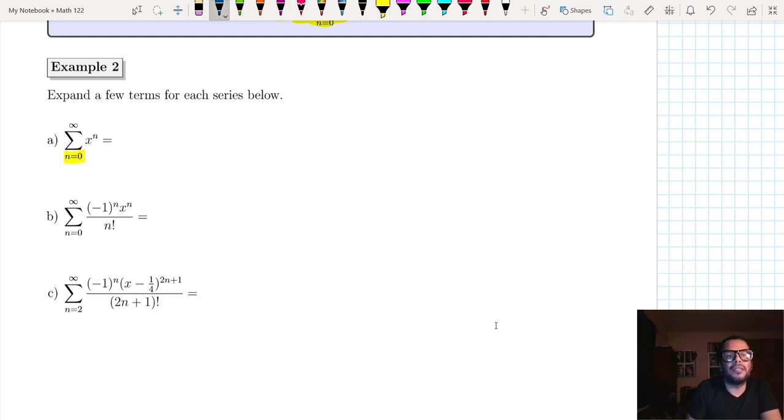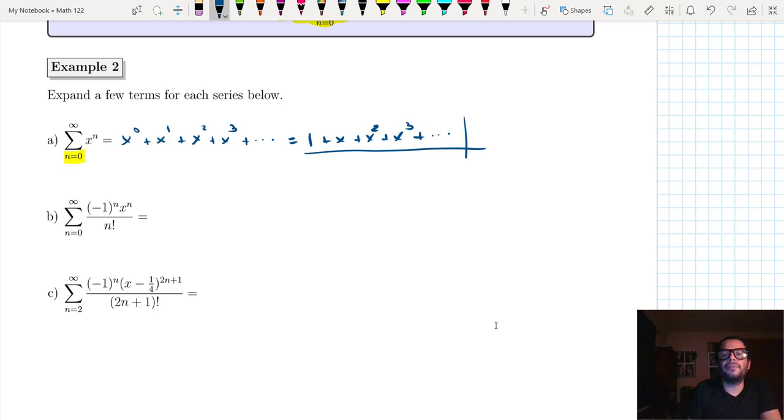So all we do is x to the 0 plus x to the first plus x to the second plus x to the third. We don't have to do too many, plus dot dot dot. And let's simplify this. x to the 0 is 1, x to the first is just x, plus x squared plus x cubed plus dot dot dot.